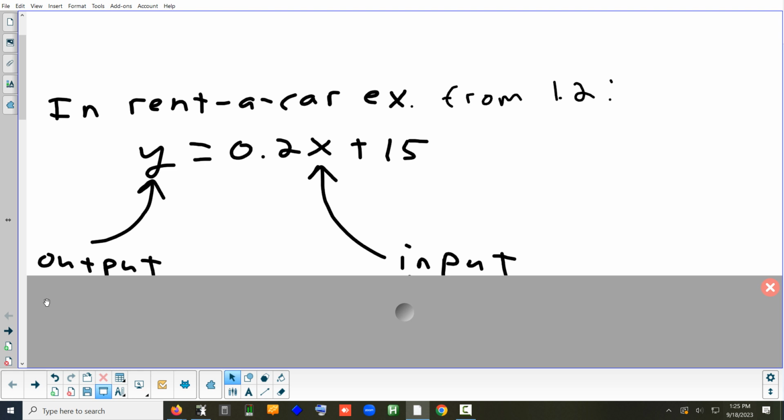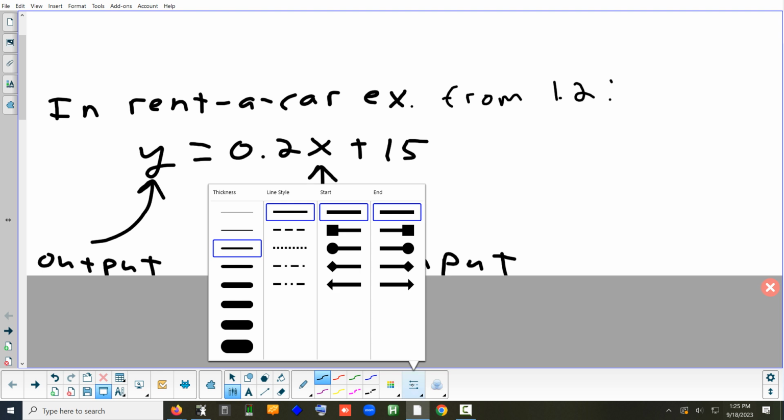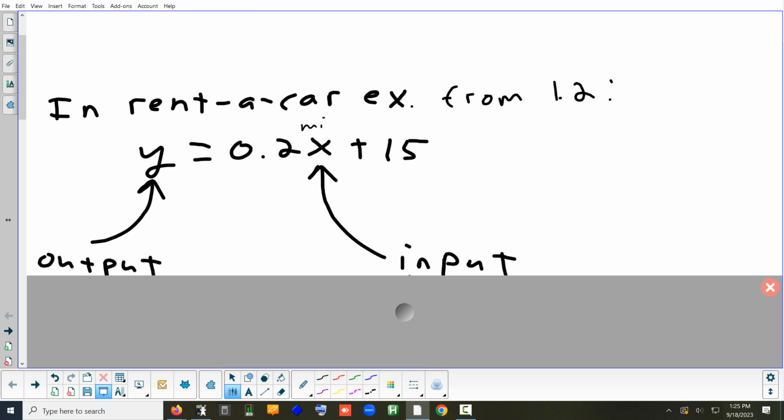There's input, which is what we call the x variable, and there's output, which is what you call the y variable. So in the rent-a-car problem, x was miles, and y was cost.